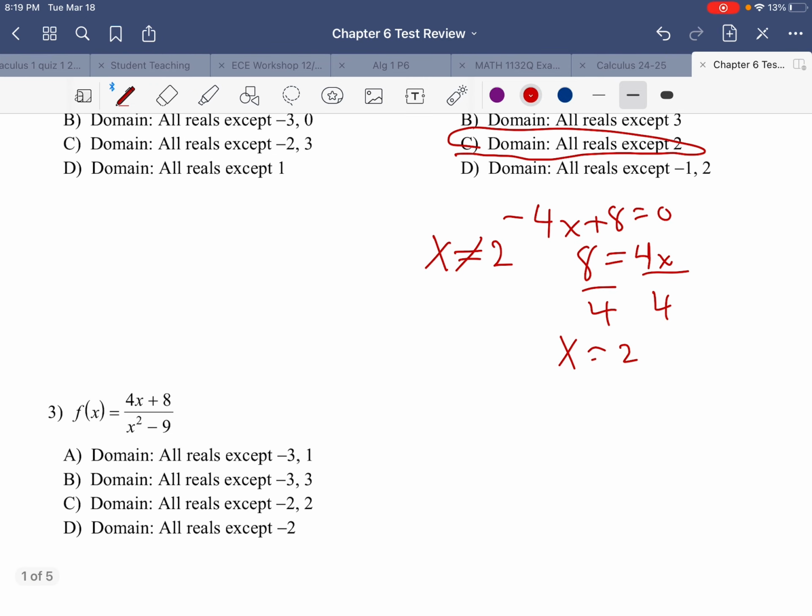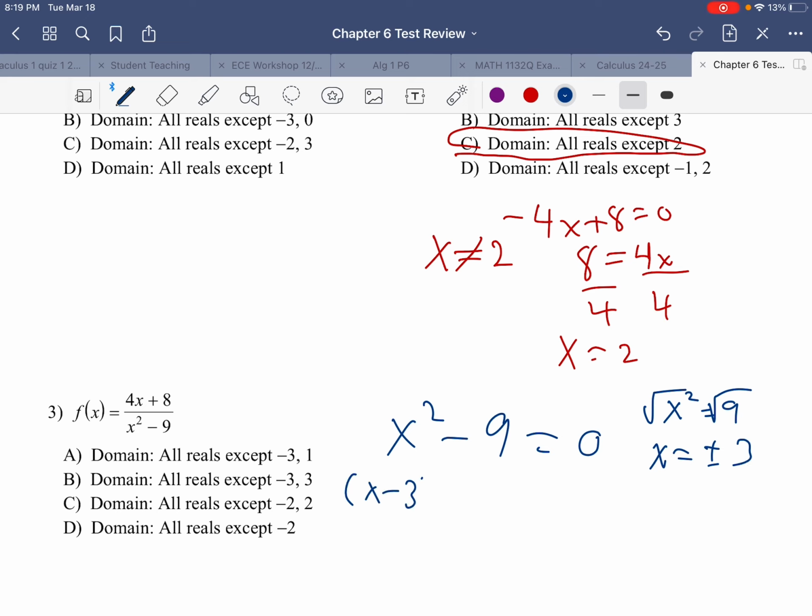For this next one here, I've got 4x plus 8 over x squared minus 9. Again, we're looking at the domain. So when I set x squared minus 9 equal to 0, you can either solve this by adding 9 on both sides, taking the square root and saying x is equal to plus or minus 3, or we could factor.